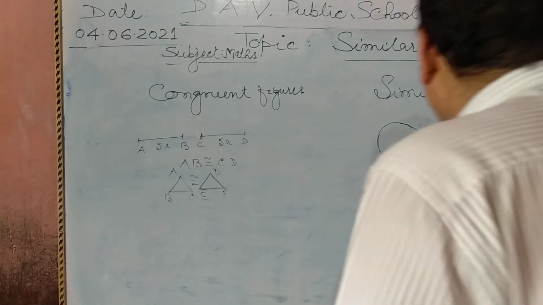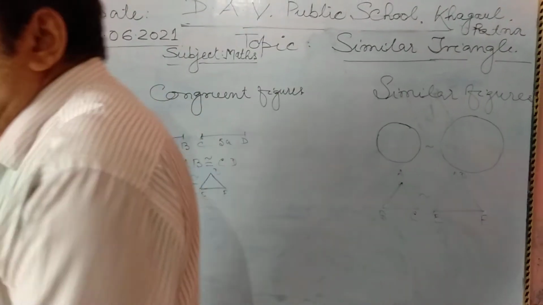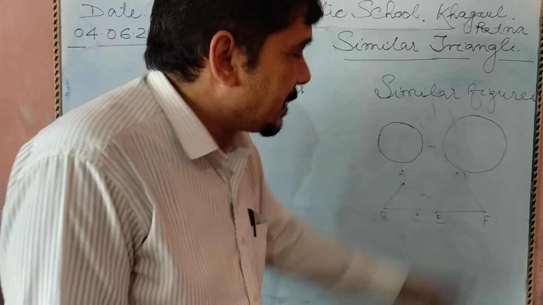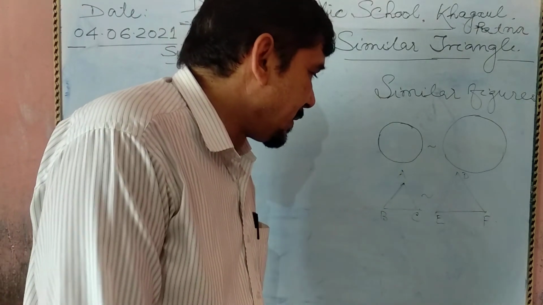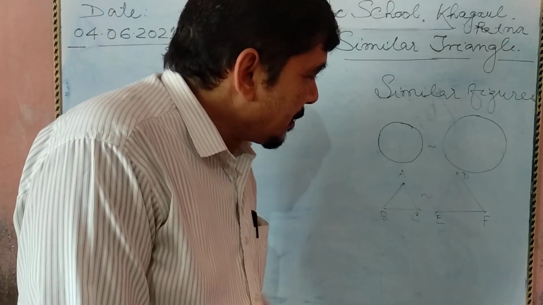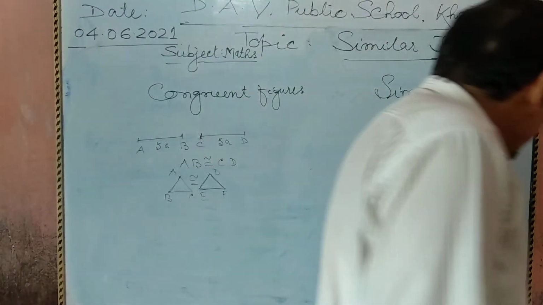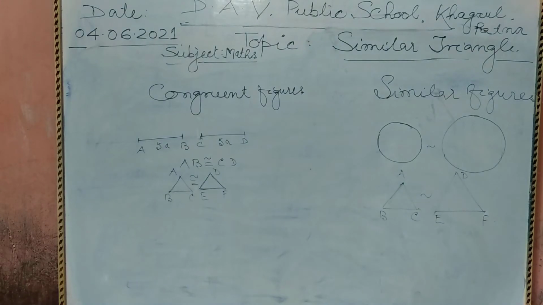we are taking two triangles of the same shape, equilateral triangle. One is ABC, another is DEF, in which triangle ABC is smaller than triangle DEF. But both are of the same type of triangles, both are equilateral triangles. Okay.